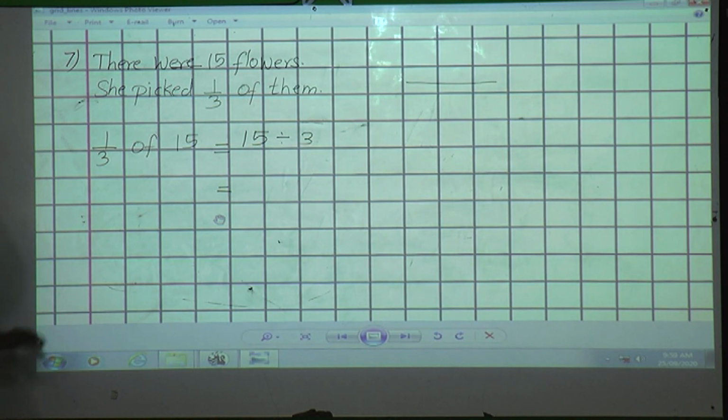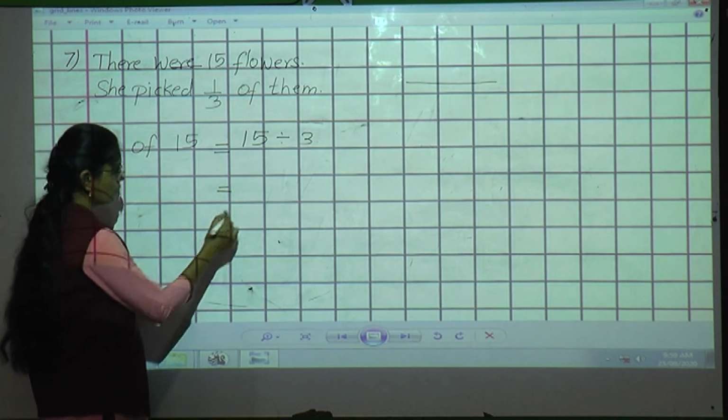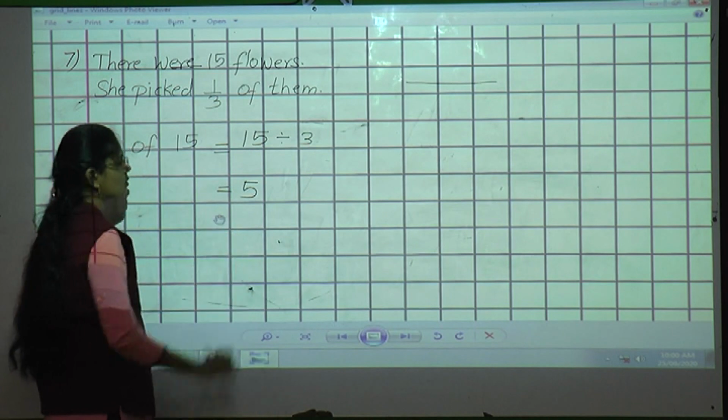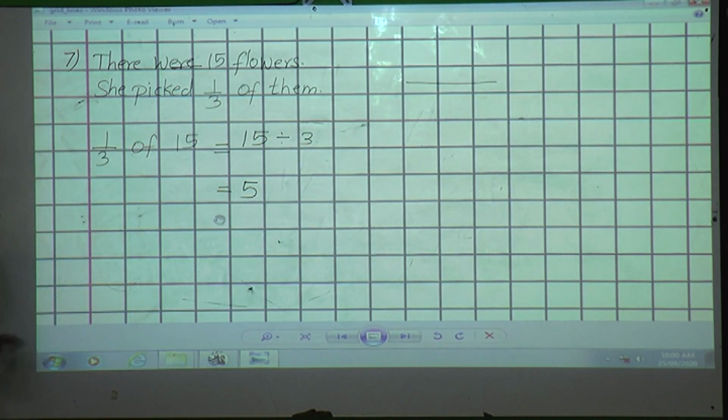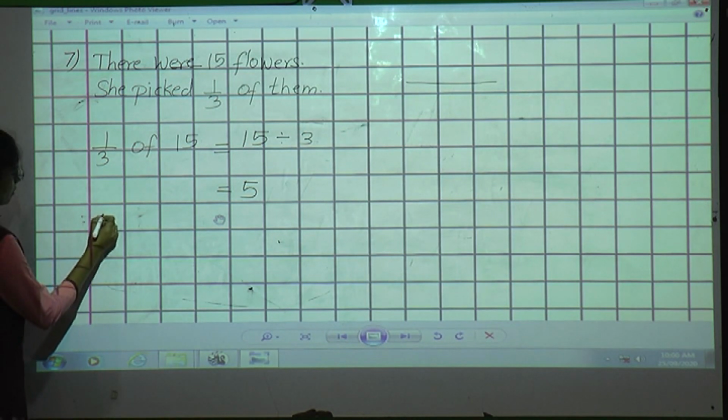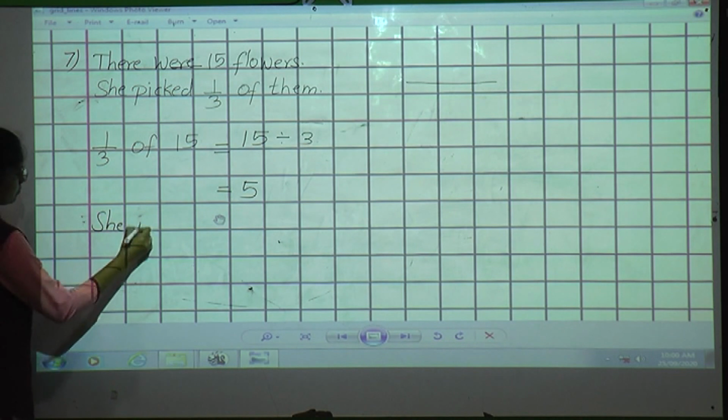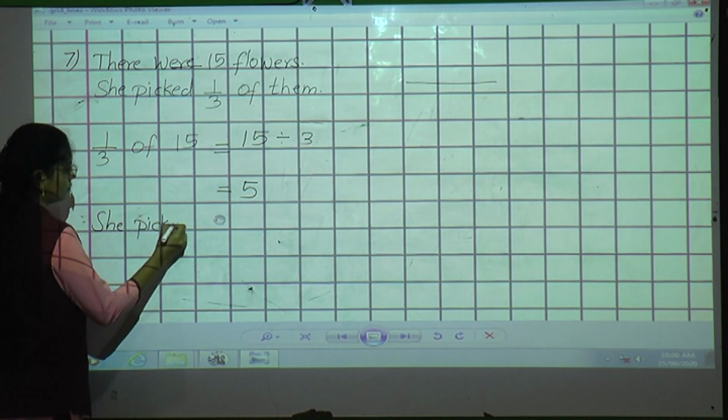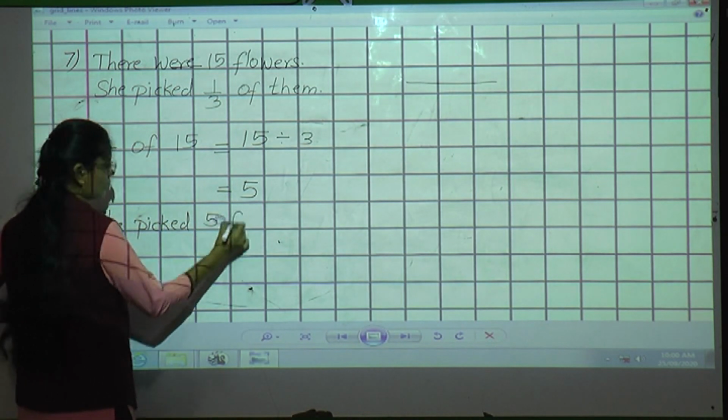So in the 15 there are 5 3's. So the answer is 5. So 1/3 of 15 means what? 5. So finally at the end you have to write the answer. She picked 5 flowers.